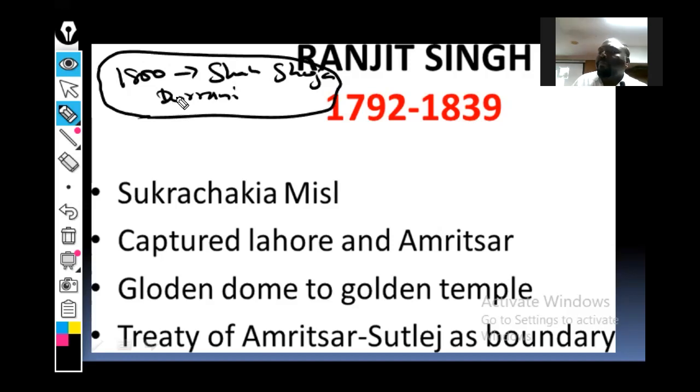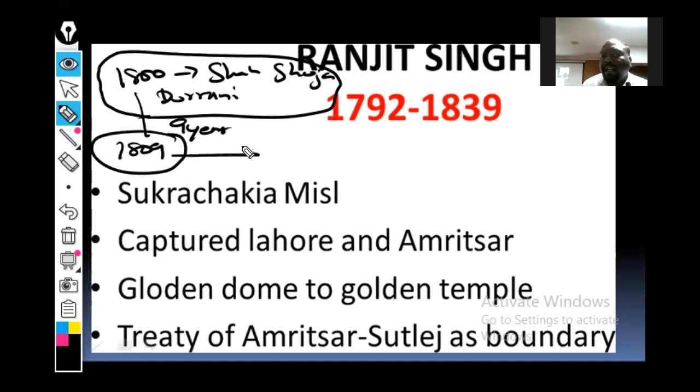This peacock throne and Kohinoor diamond, all Ahmad Shah Abdali got and made his own empire, and he put this peacock throne. So now Shah Shuja Durrani sits on the peacock throne, which originally belongs to Shah Jahan. From 1800 to 1809, he was comfortably ruling for 9 years.